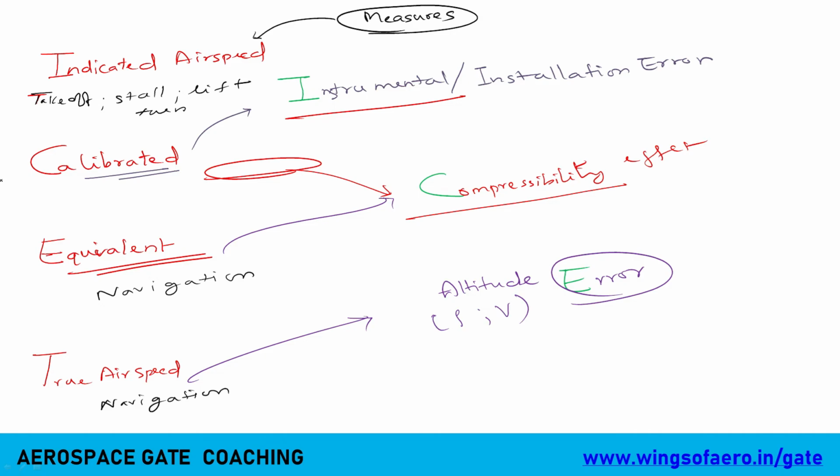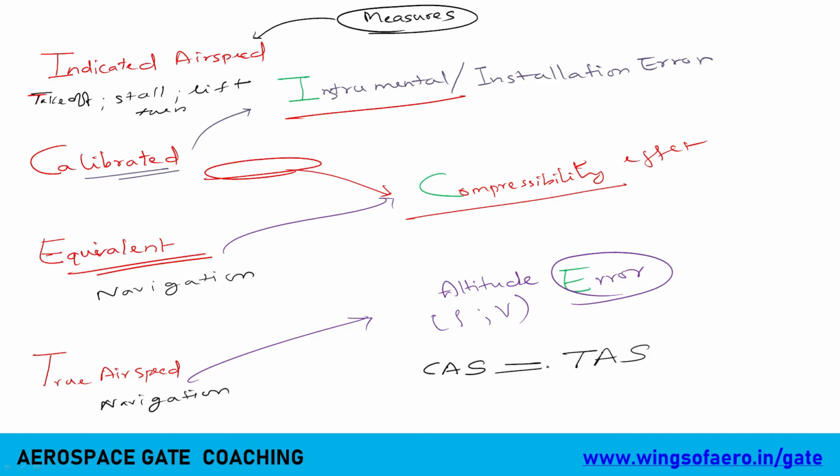Now there can be some questions. At what condition may the calibrated airspeed be the same as the true airspeed? Calibrated airspeed, let's consider it as CAS, is equal to the true airspeed where there is no compressibility.